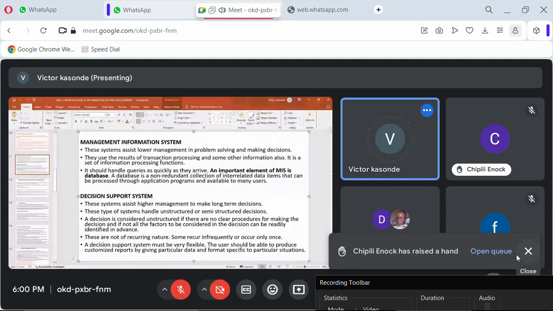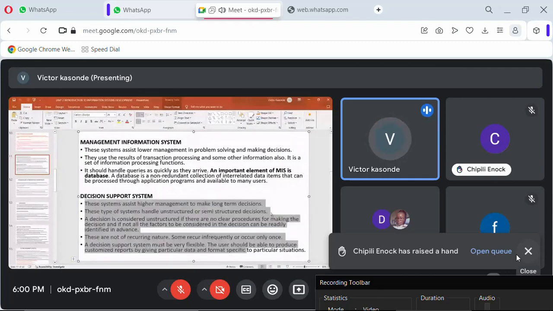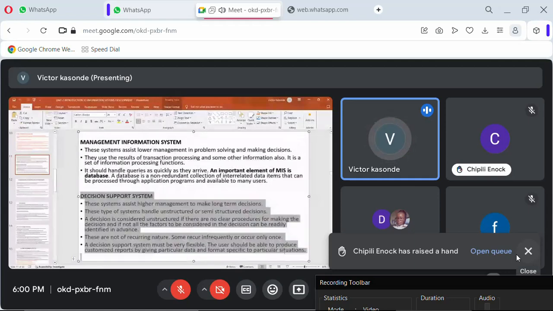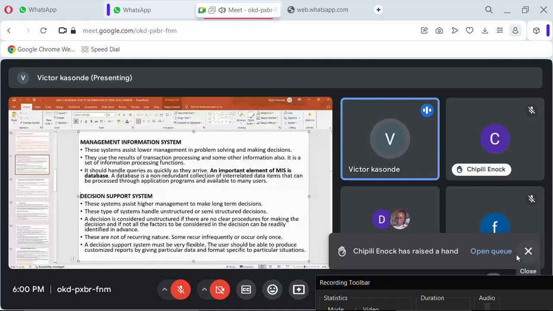Remember this system: they report to top management, and the top management makes a decision. These people can make a decision to close the company, for example. They can make some recommendations. Here they can say we are making profit.